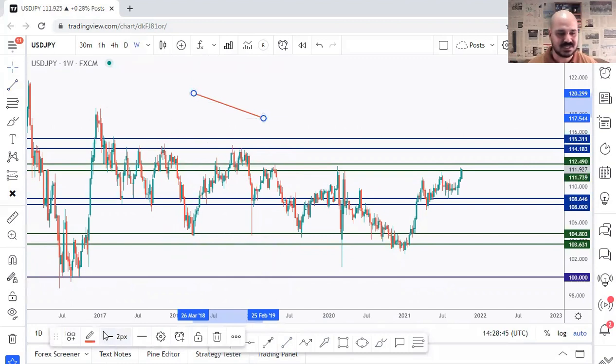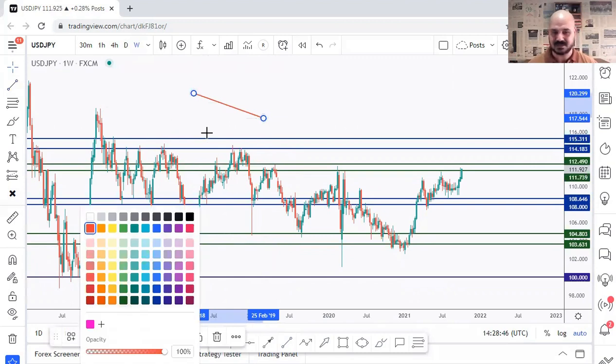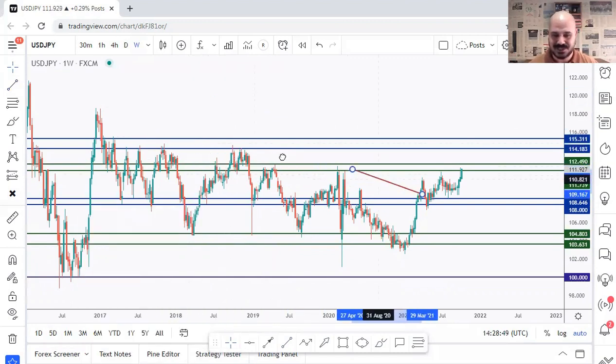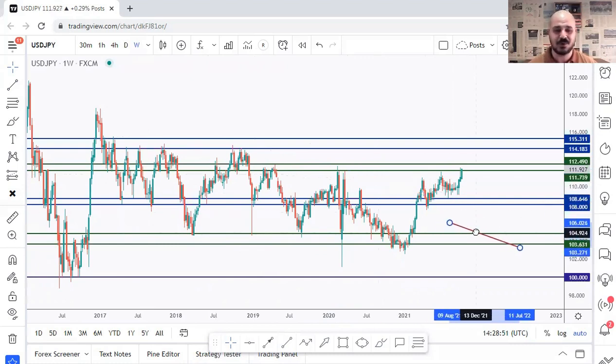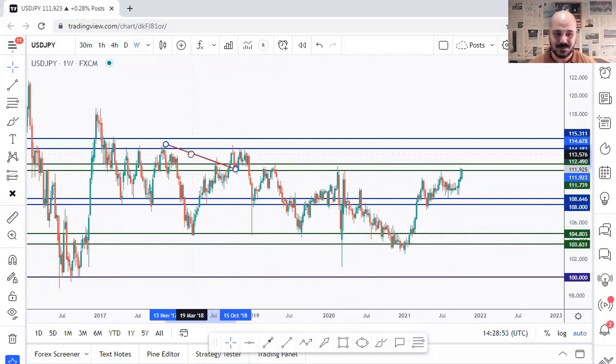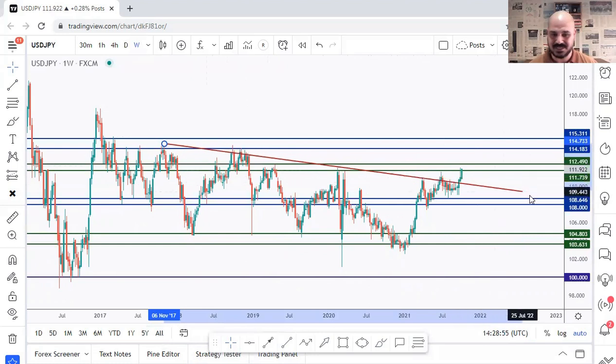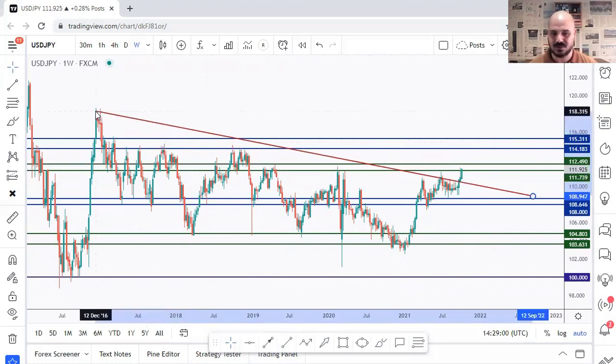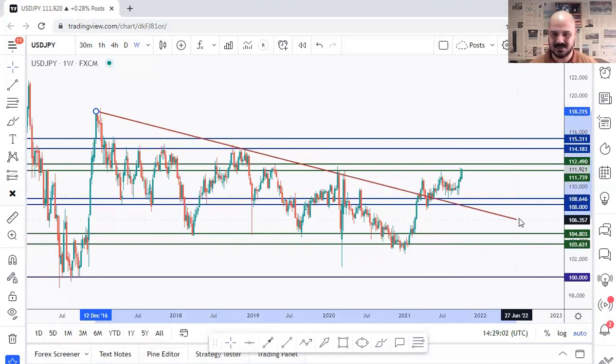I usually like to use the brown color for the higher time frames. And if you check the latest price action, I don't know if you can see it, but we can draw this one here, right? Which was a falling one, and you can also start from here. Let's say here we go, right?